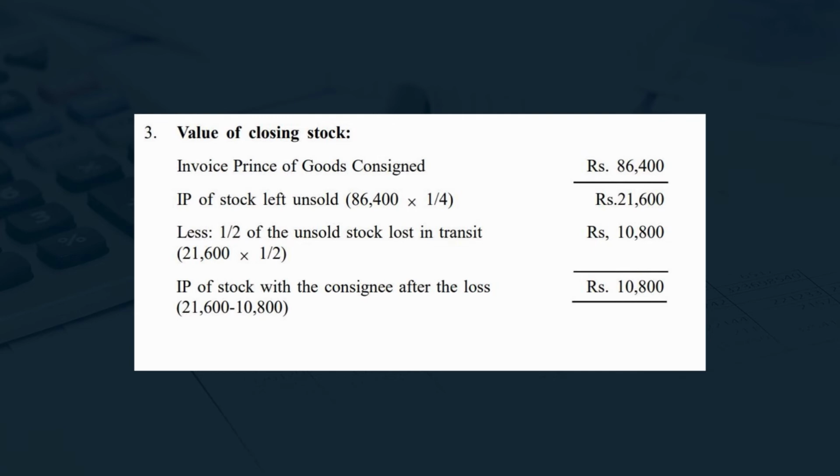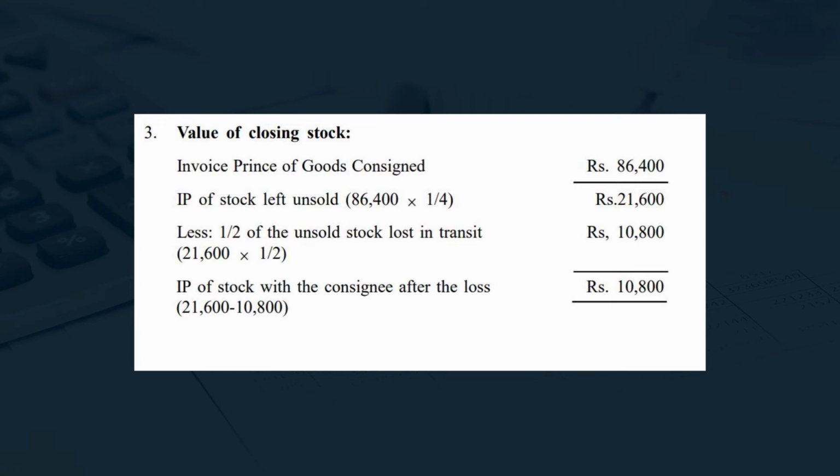So 3/4 of the goods was sold, so 1/4 was left out. So 1/4 is 21,600. And half of the unsold amount was lost in transit. So half of this is 10,800.